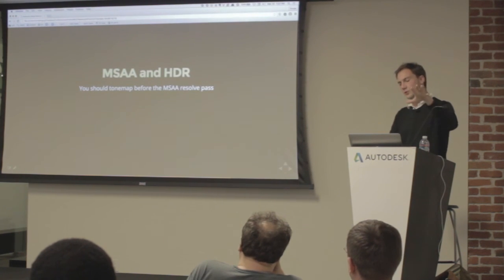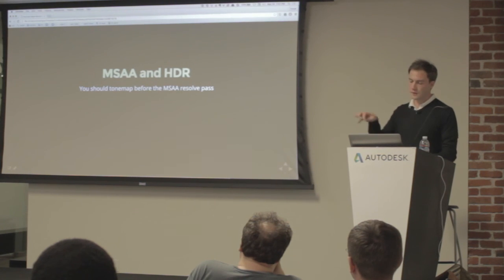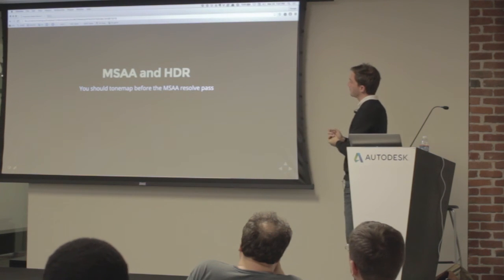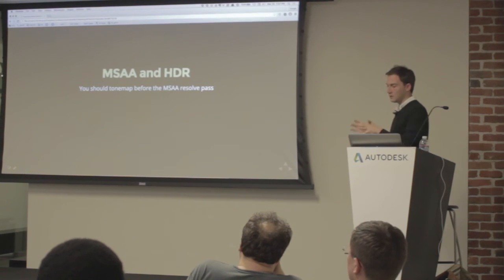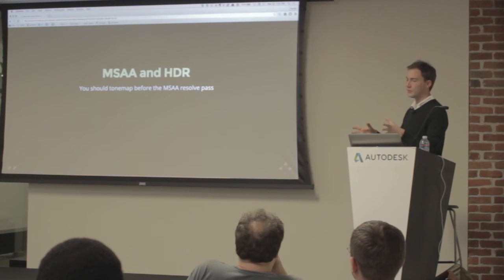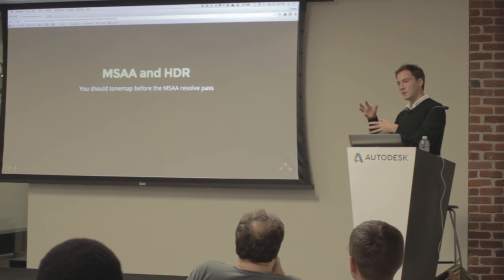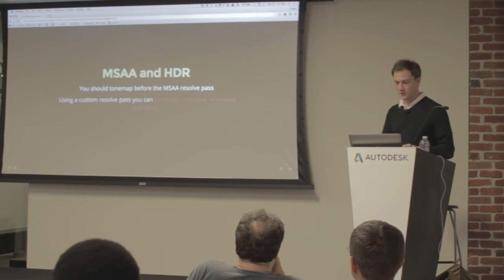One last thing. If you do use MSAA, because it's so easy and it looks good, and if you do use HDR, a common mistake is to apply MSAA on the HDR buffer. The HDR buffer contains values that have a very wide range. And the problem is, like I mentioned, we're just doing an average of those values, and it's going to look pretty terrible.